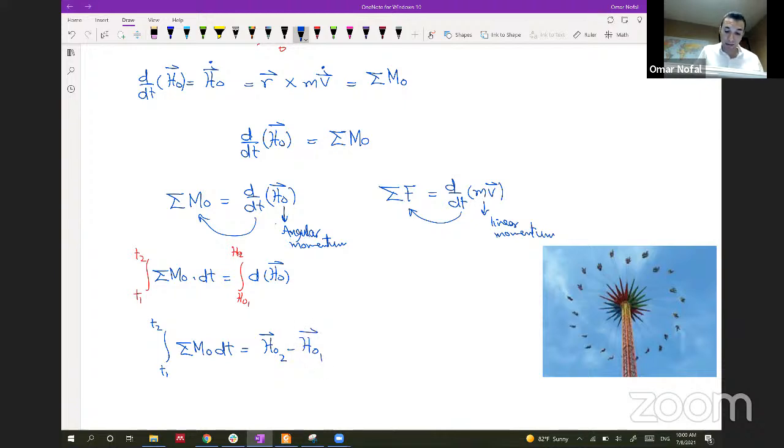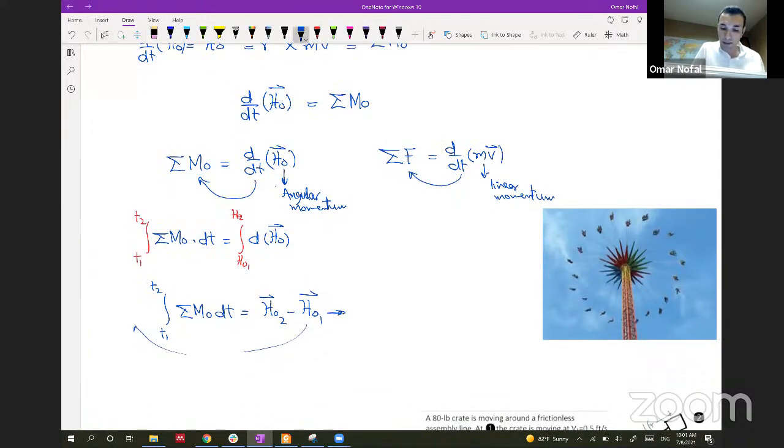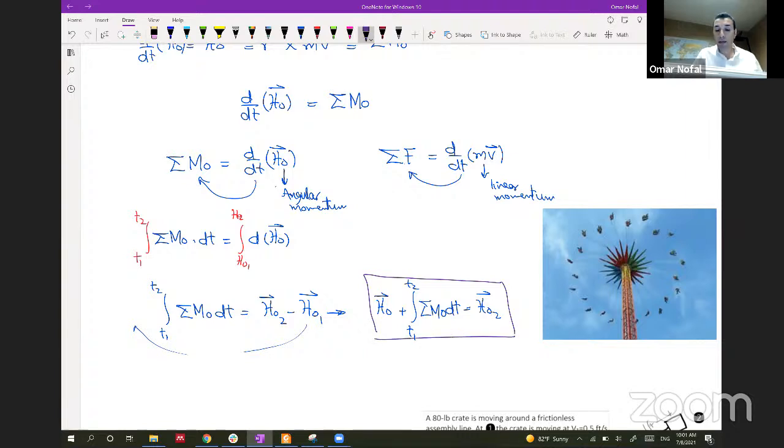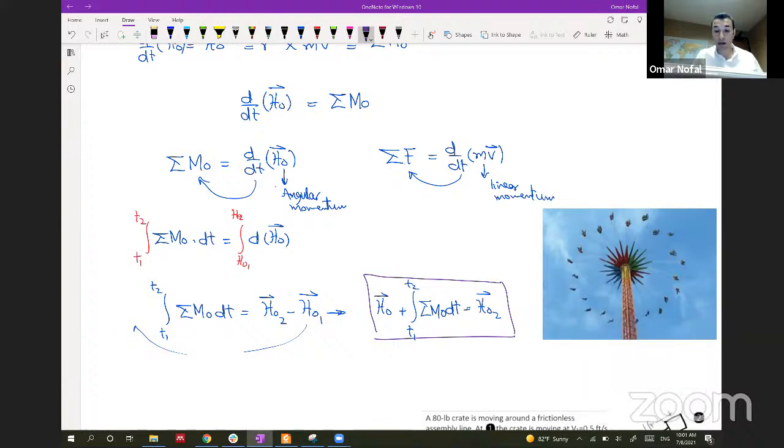And we can move HO1 to the other side, so this will give us HO1 as a vector plus the integration from t1 to t2 of the sum of the moments at O dt is equal to HO2. So this is the angular momentum and angular impulse equation, and we have a similar equation with linear momentum and linear impulse.